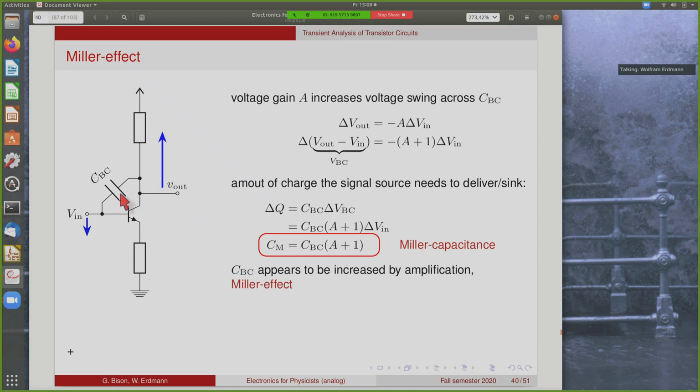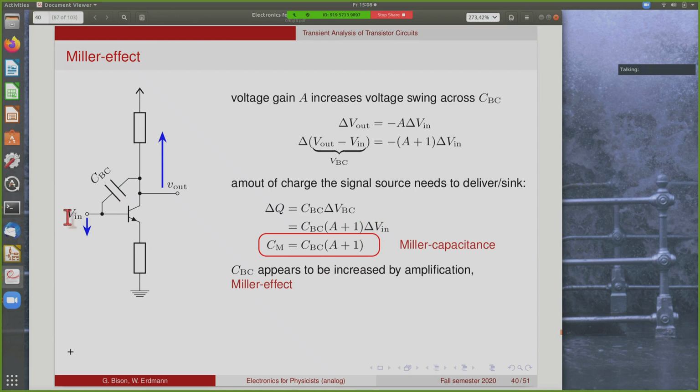Now, obviously, if you change the voltage across the capacitor by a certain amount, then you need a certain amount of charge, which is proportional to this capacitor. And now, if you amplify your voltage by this factor, that means that the charge that you need to pump into this capacitor also is amplified by a factor A plus 1.